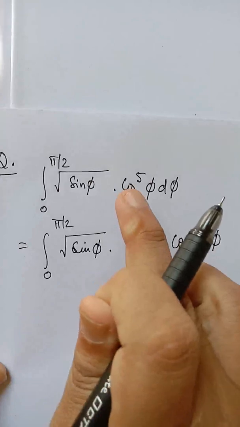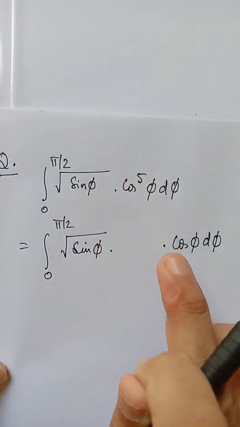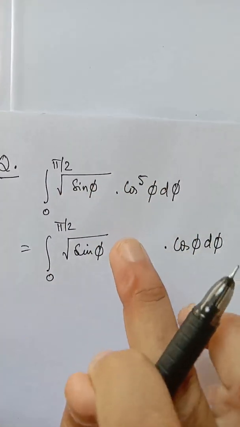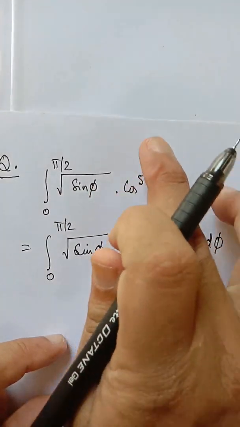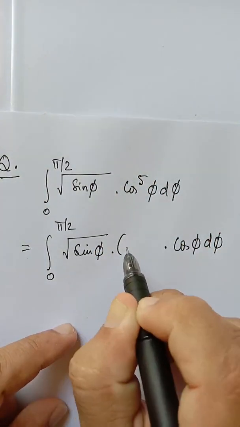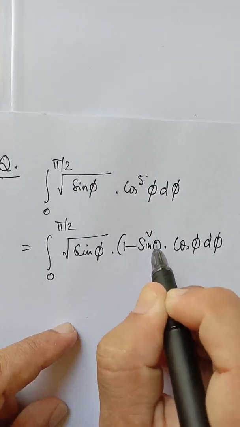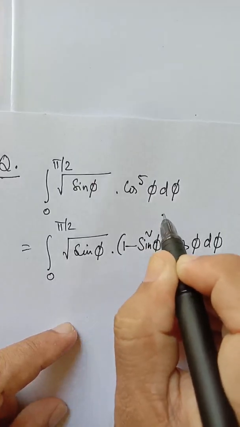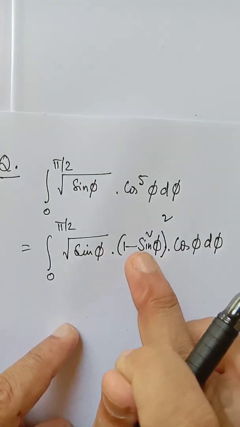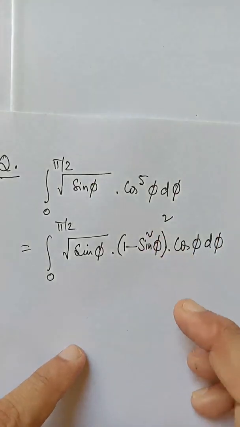Now the given question is root sin phi into cos to the power 5 phi. I have written cos phi. So here we will be left with cos to the power 4 phi. Cos to the power 4 phi, we can write as 1 minus sin square phi whole square, since 1 minus sin square phi is cos square, and cos square whole square is cos to the power 4.